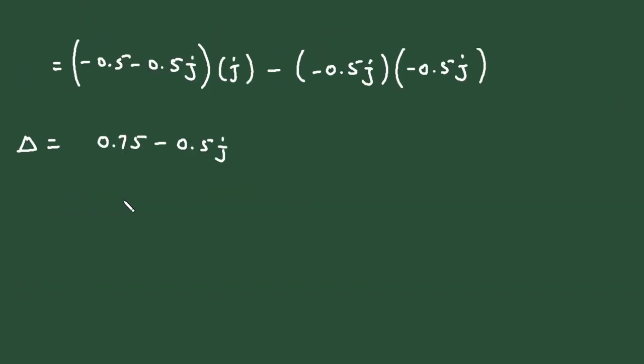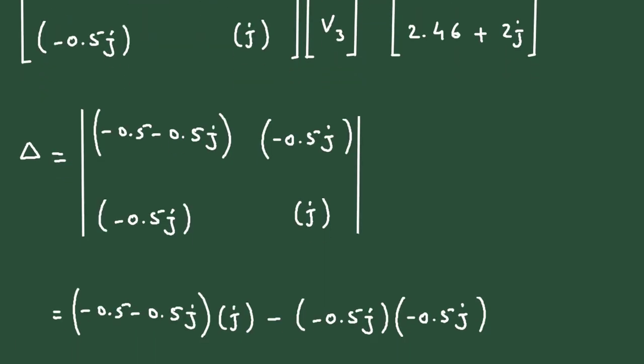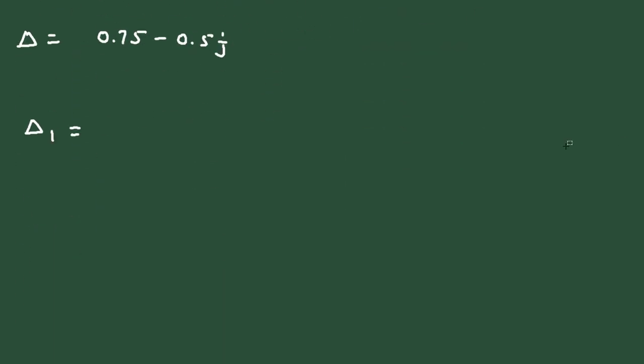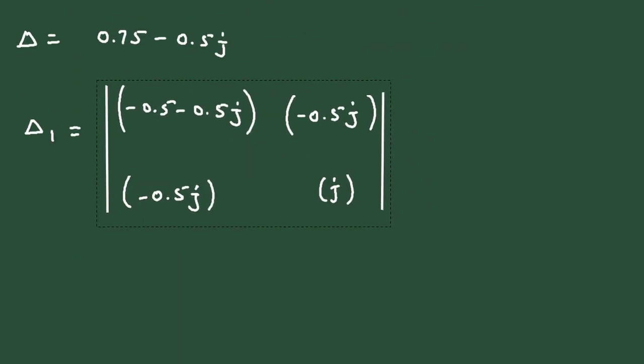Then next we have to find the value of delta 1. So delta 1 will be, again we have to take this determinant or this matrix, but in this matrix we have to replace the value of this first column.